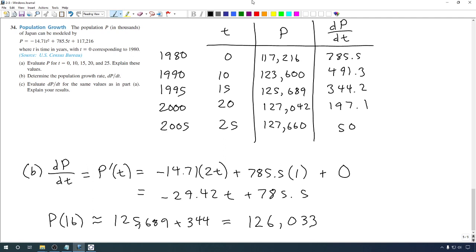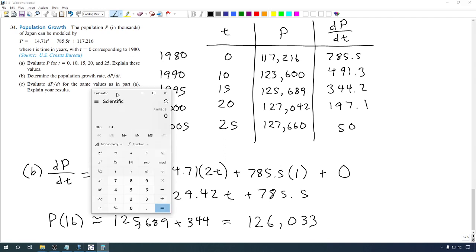Now that actually won't be the exact number that you'll get if you plug 16 into the formula. In fact, we can go ahead and do that. If I just take out my calculator here and plug these numbers in. So I'm going to start with the constant that will help me just subtract from it.